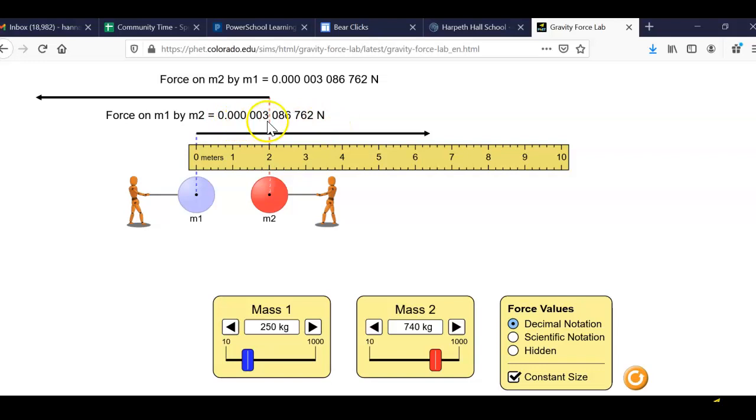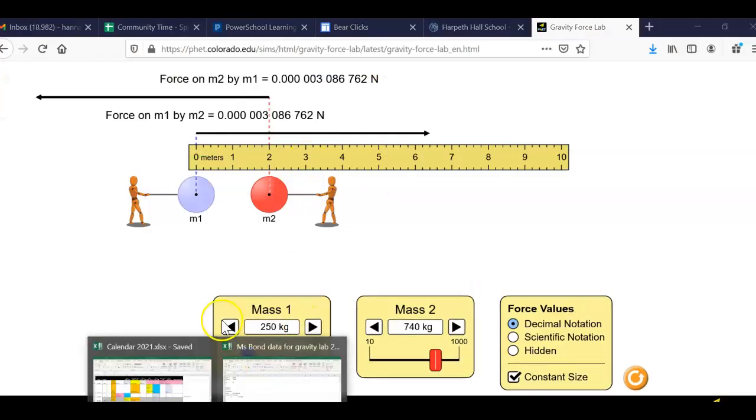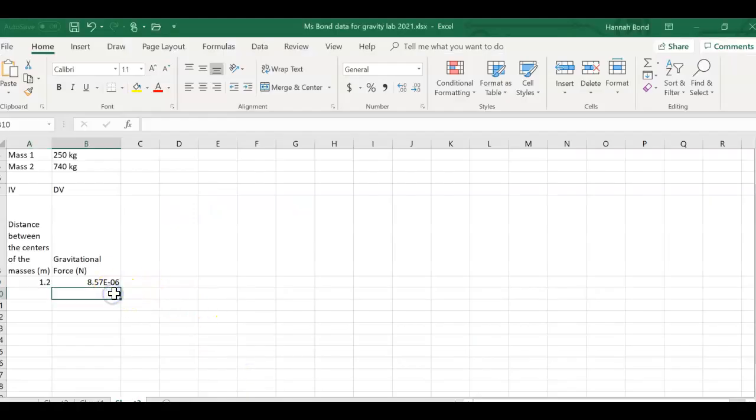So now I still have an e to the negative 6, but it's going to be 3.086762 e negative 6. And that's for a distance of 2 meters.